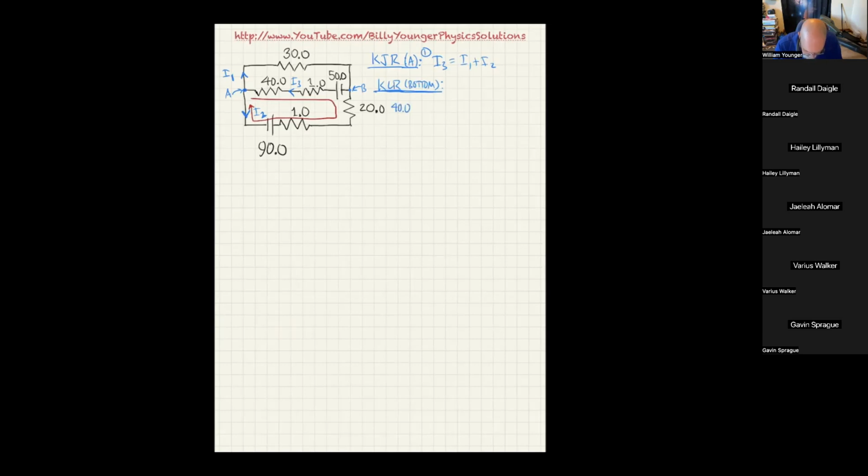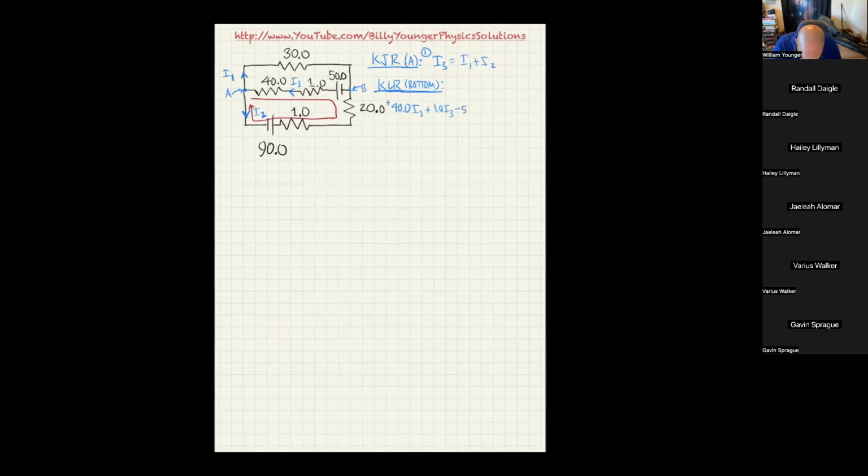Remember, V equals IR from Ohm's law. So if you multiply I3 times 40, you get the voltage. And in this case, it's a voltage increase because I went the opposite direction of the current. Then I got another voltage increase, which is 1.0 times I3. And then in this case, I'm going from the long line of the battery to the short line of the battery. And in that case, it's going to actually give me a voltage drop.